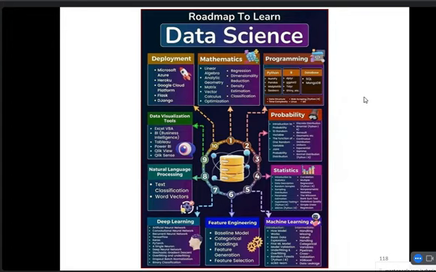Then BI is nothing but business intelligence. Intelligent behavior in a machine to solve real-time applications like science and engineering, to develop complex applications by using statistical techniques, artificial intelligence techniques, and machine and deep learning techniques.